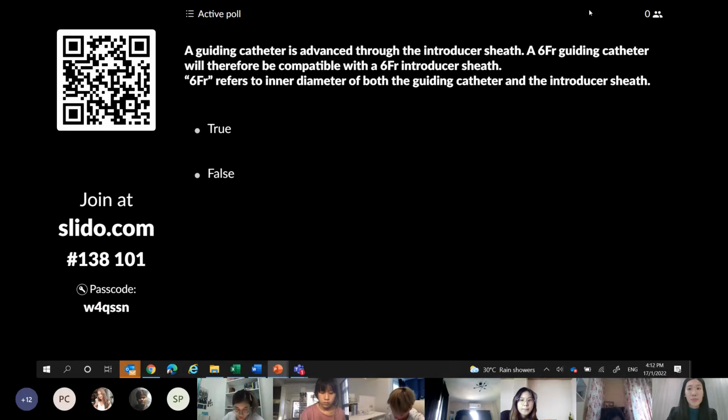As I mentioned just now, a 6 French guiding catheter is compatible with a 6 French introducer sheath. That's how I know compatibility. If they tell me 2 mm is compatible with 6 French, it's very confusing. But once I know this is a 6 French guiding catheter, I will be able to take a 6 French introducer sheath and use it together.